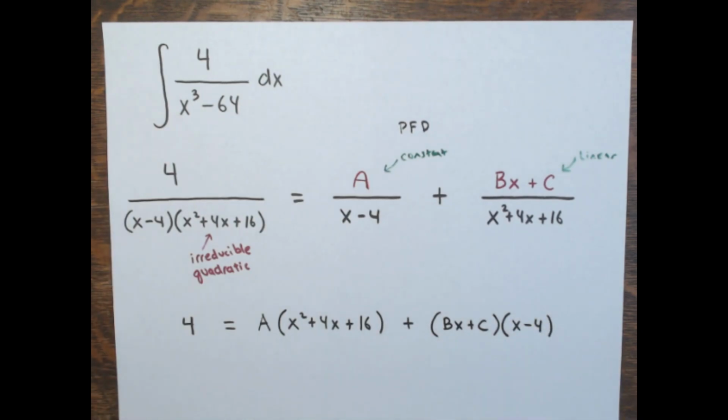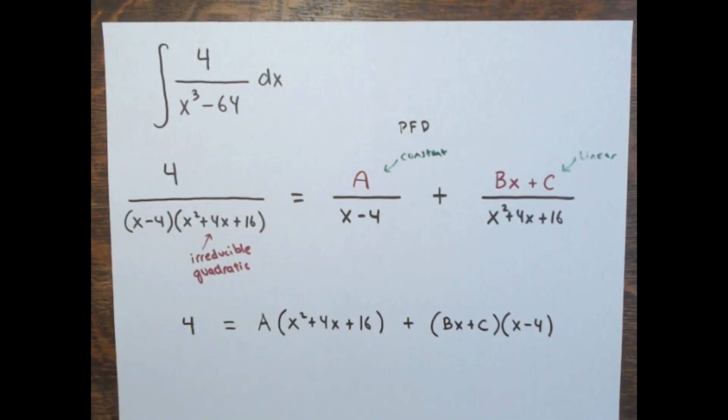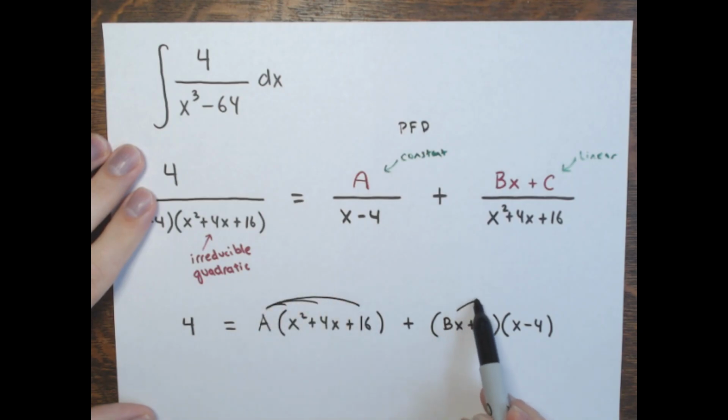All right. So you could multiply everything out, get a polynomial equal polynomial identity, and then set the coefficients equal to each other, which I'll do. So if I distribute the A here, and then over here I'd have to distribute the Bx and the C, FOIL.